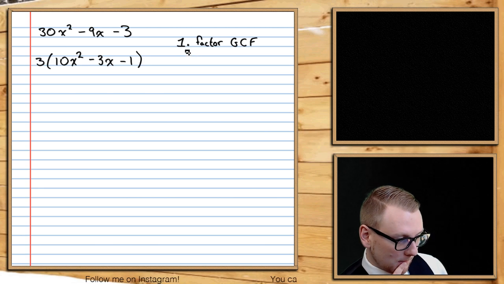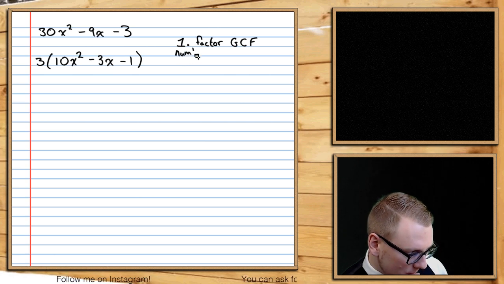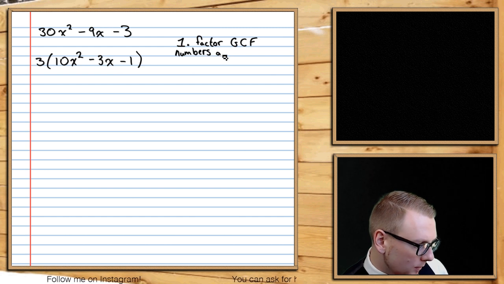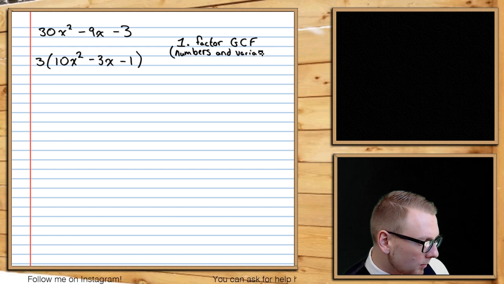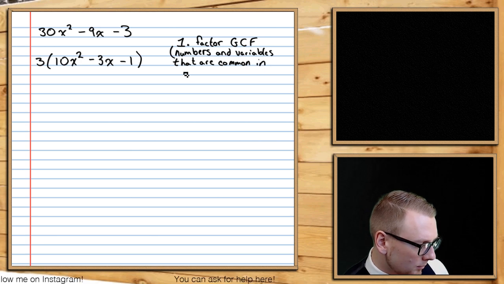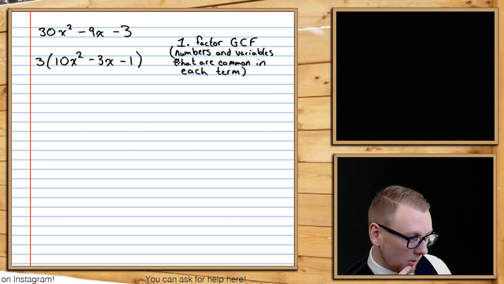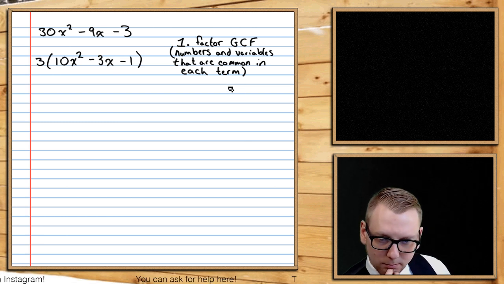So I'm gonna write numbers and variables that are common in each term. Does that make sense? If I write numbers and variables that are common in each term?